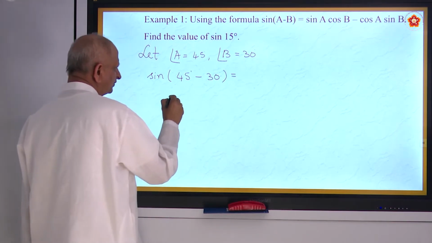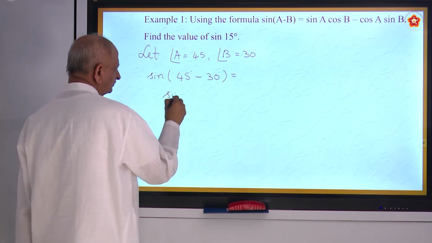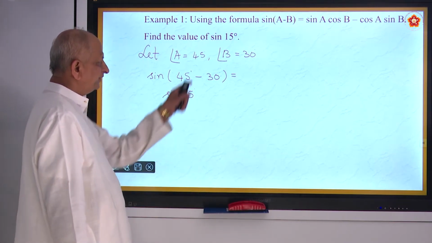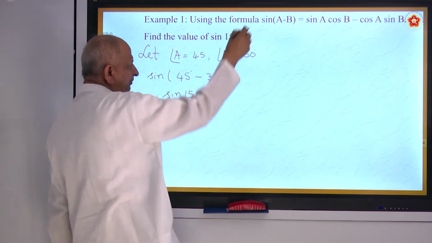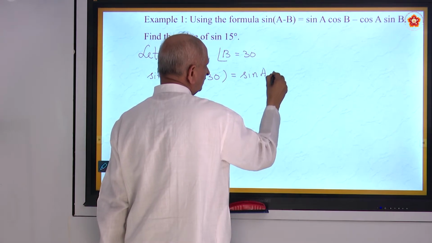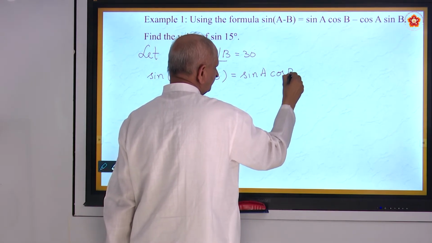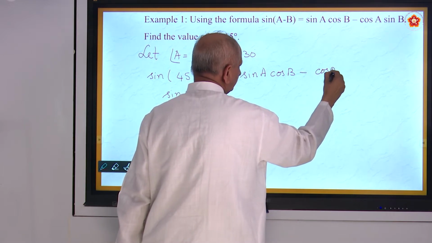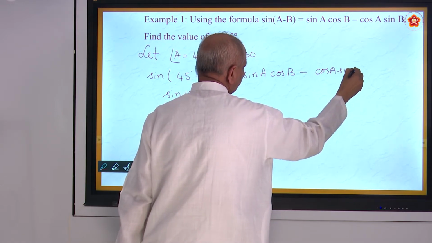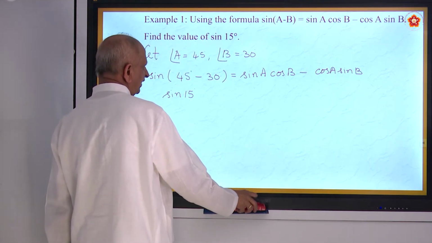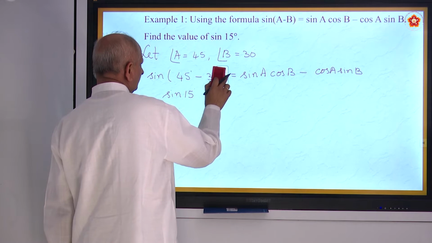How much does it become? Sine 15. It is the left hand side. You are asked to find sine 15. Use the formula they have given: sin A cos B minus cos A sin B.